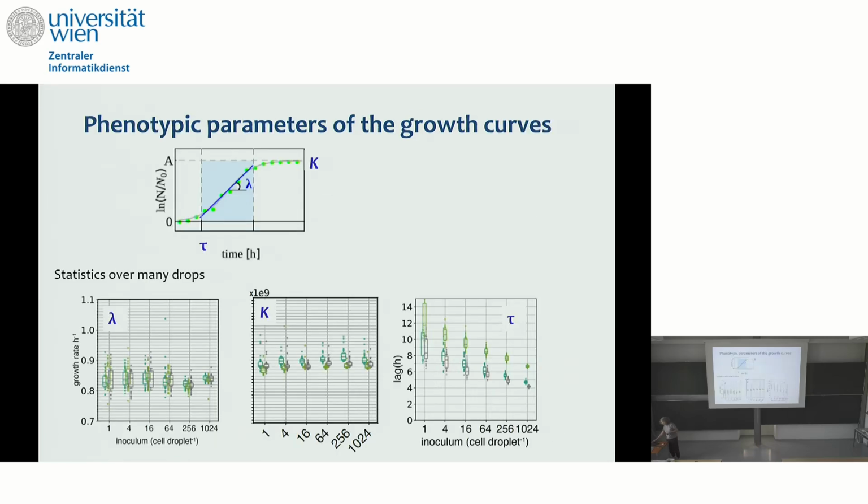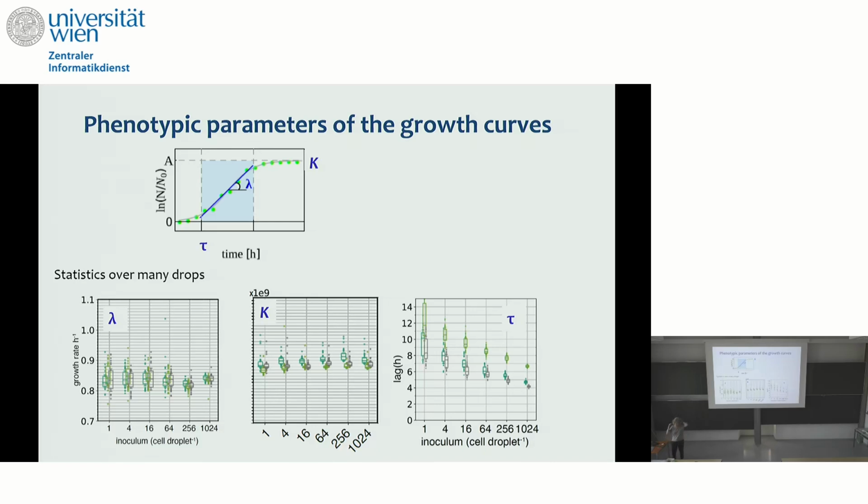Okay, so the statistical power of this system comes from the fact that you can control the inoculum size. You can inoculate each droplet with a well-defined number of cells, between 1 and 1,000 here. And then you can repeat that.